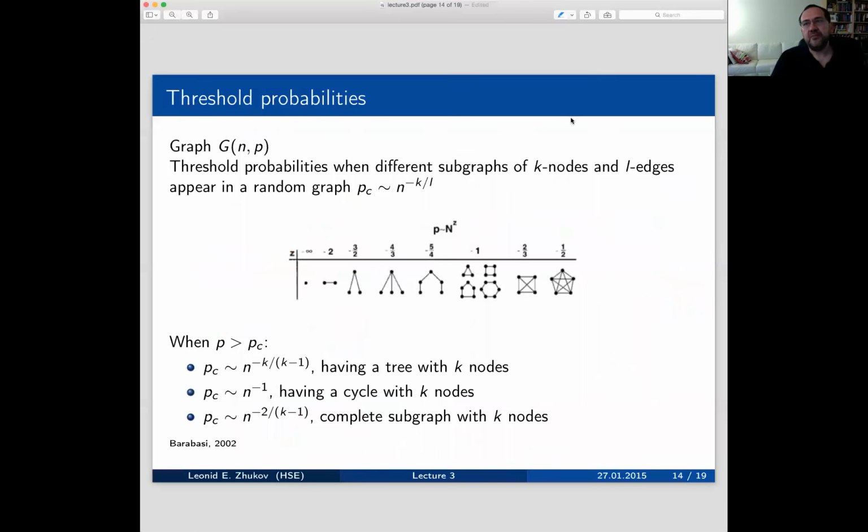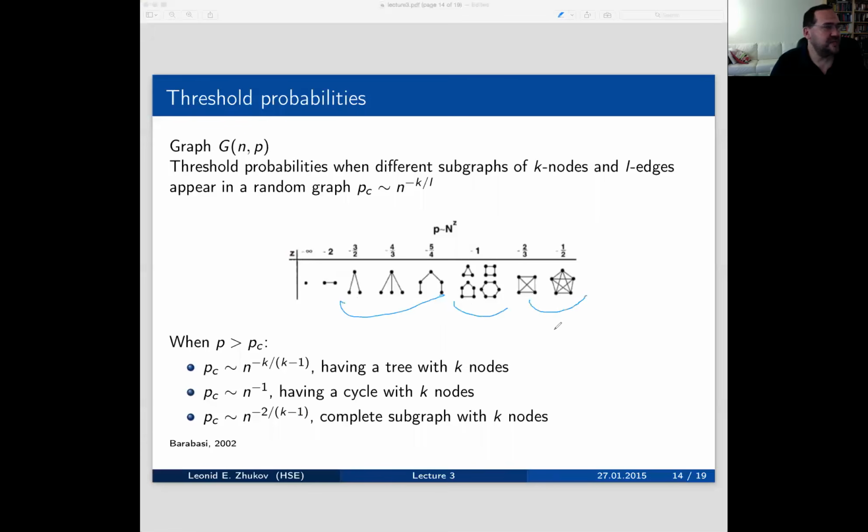So there are actually even more cool facts you can calculate for this model. For example, you can calculate and predict when in the random graph you start seeing trees, when you start seeing cycles, and when you start seeing, for example, complete subgraphs, at which values of p they first appear.